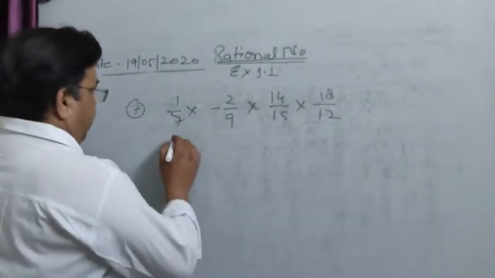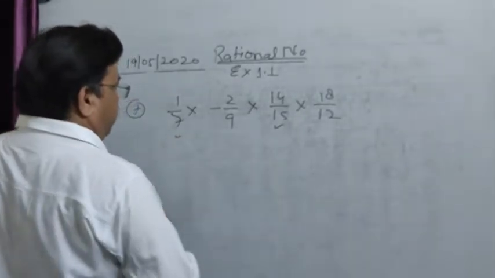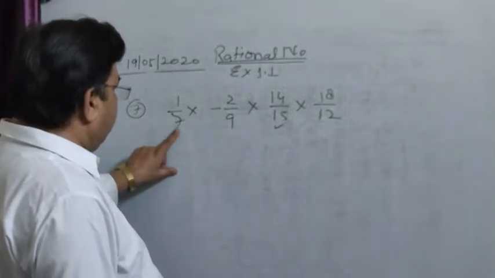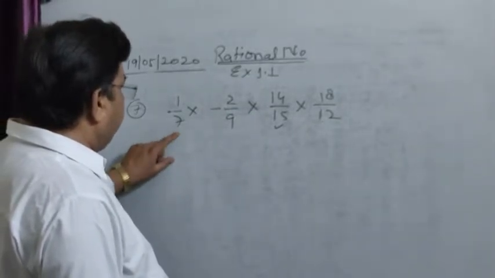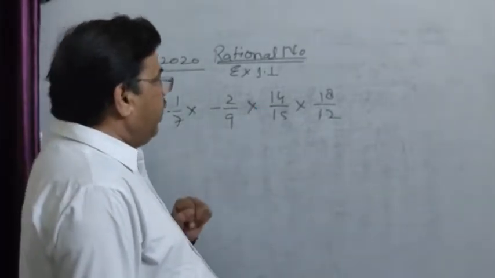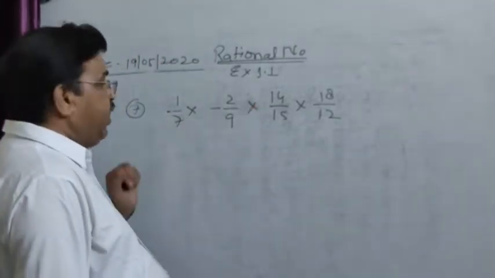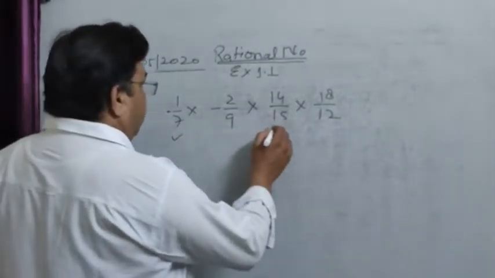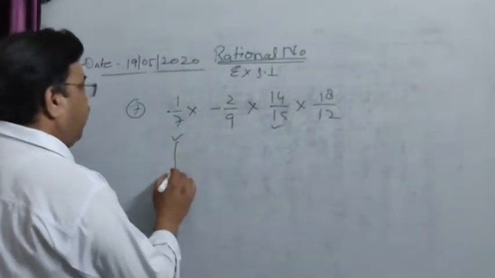Here, in this rational number denominator is 7 and in this number numerator is 14, and 14 is cancelled by 7 easily. So you can take these two rational numbers in the first pair.